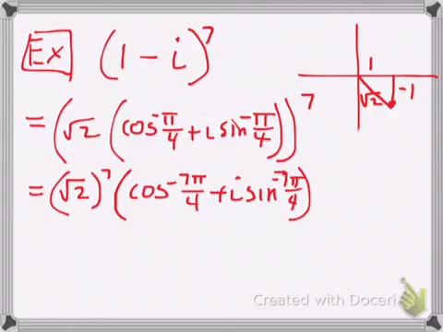Now, we need to convert it back to standard form. Where is negative 7 pi over 4? It's in a negative direction, right? If I went all the way around, that's negative 8 pi over 4, right?